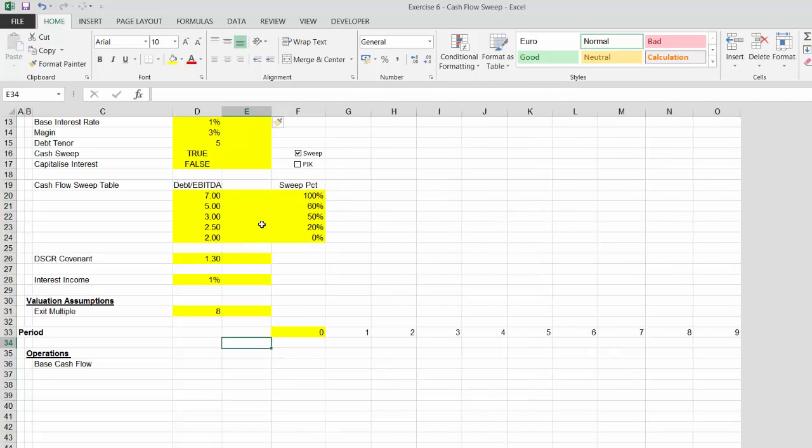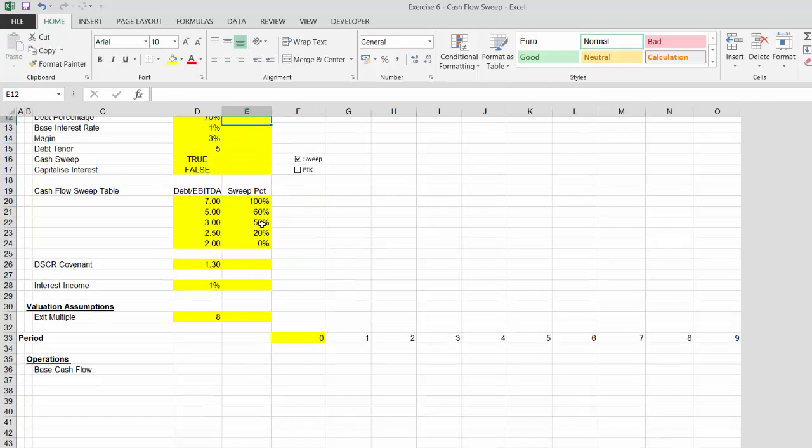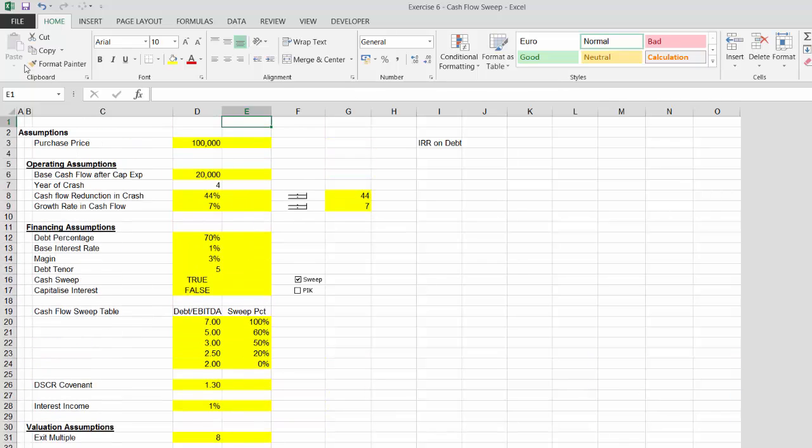I want an extra column, and I'm going to move our sweep over here. Oh, God, it put all this horrible stuff in these lines. Excuse me for this.